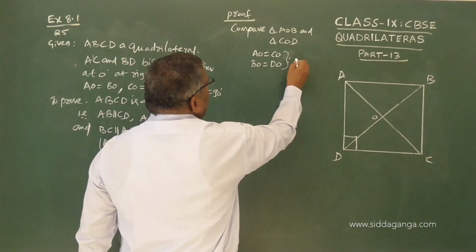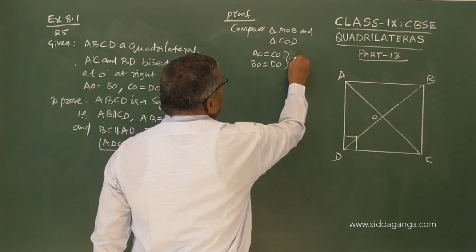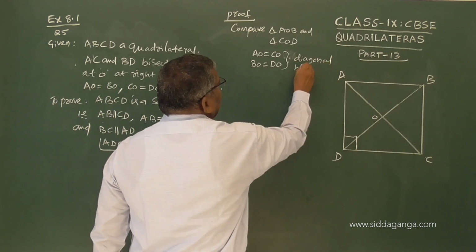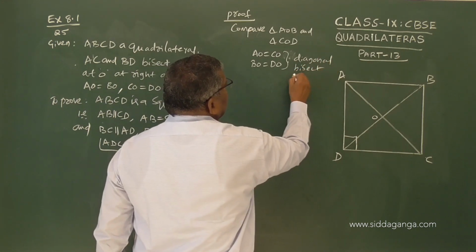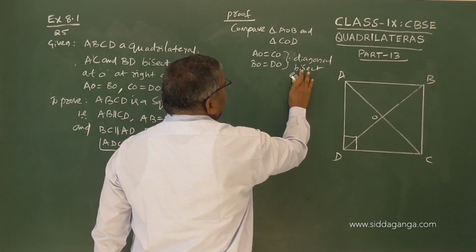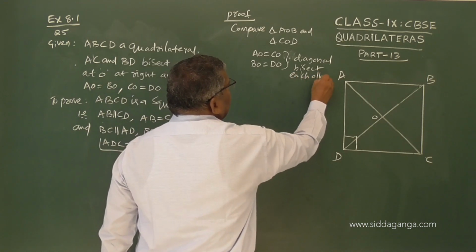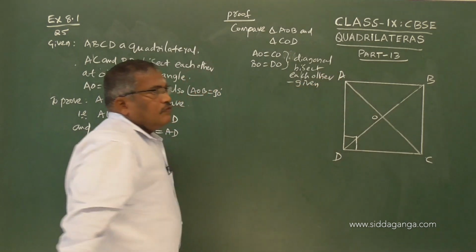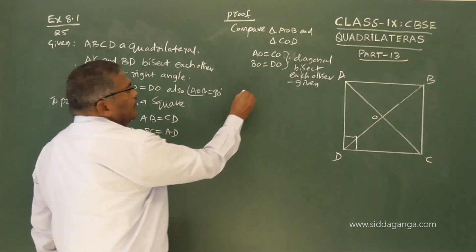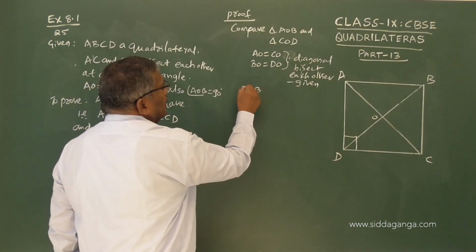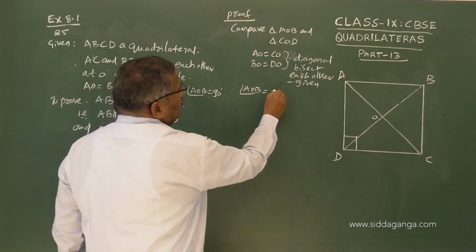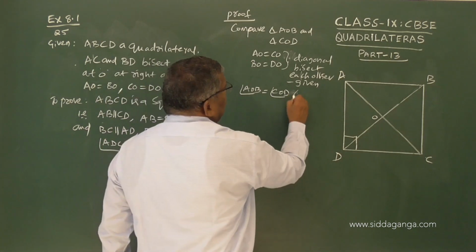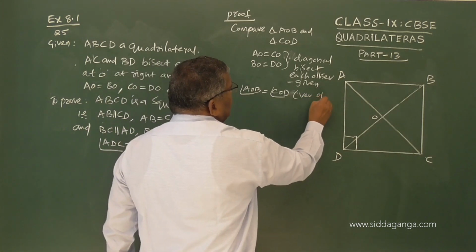Diagonals bisect each other is given. Now angle AOB equals angle COD. They are equal because vertically opposite.